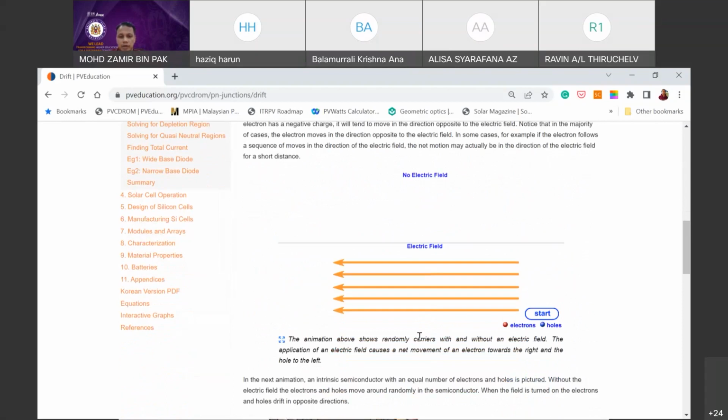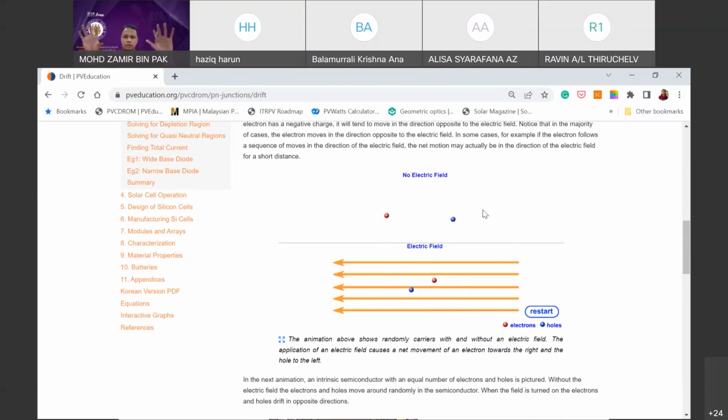So what happens in the second animation? The animation above shows random carriers with and without electric field. The application of electric field causes a net movement of an electron in this case towards the right, and of a hole to the left. Now we want to look at electron and hole. Electron is the red particle. Hole is the blue particle. Let's start. Look at the one above, without electric field.